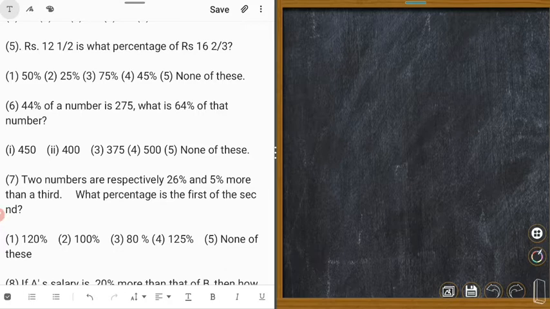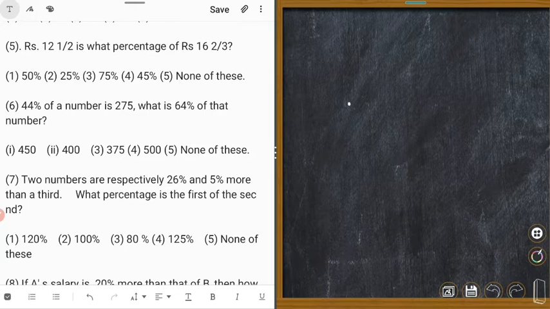Next, number 6. 44% of a number is 275. What is 64% of that number?